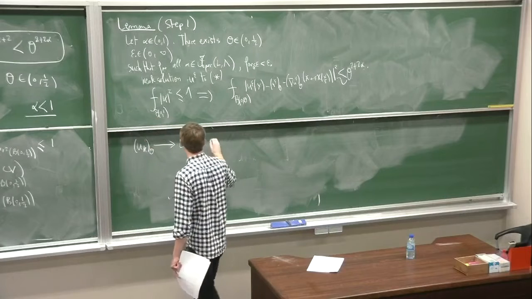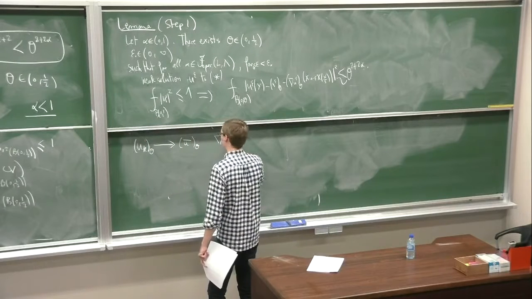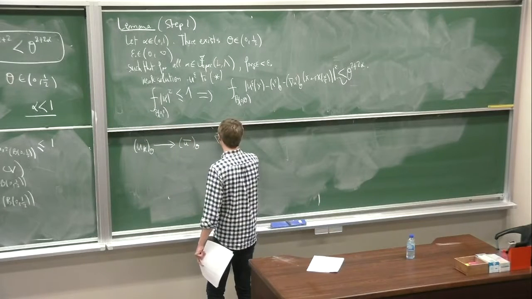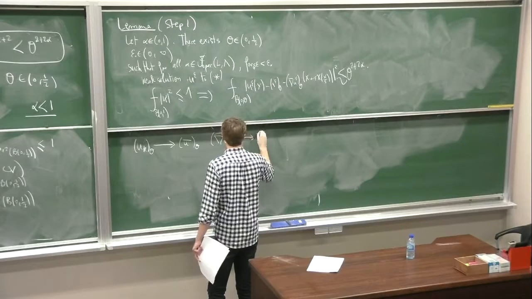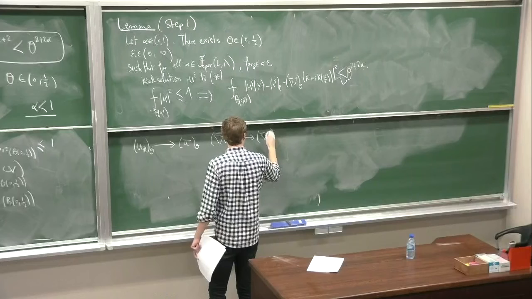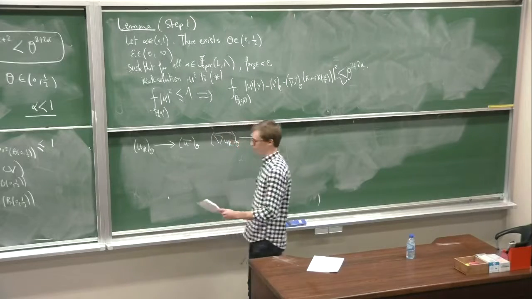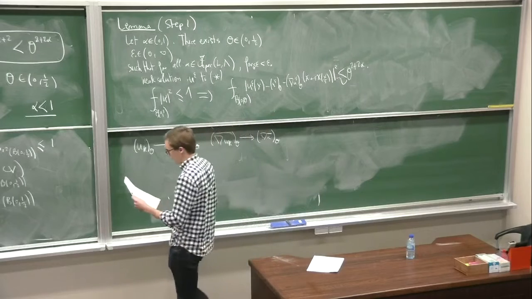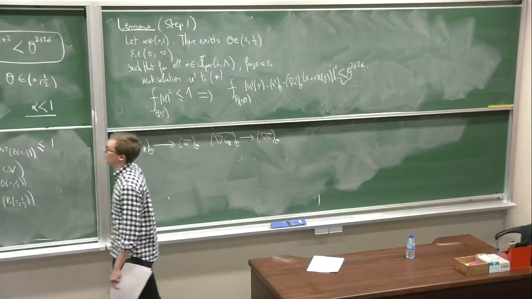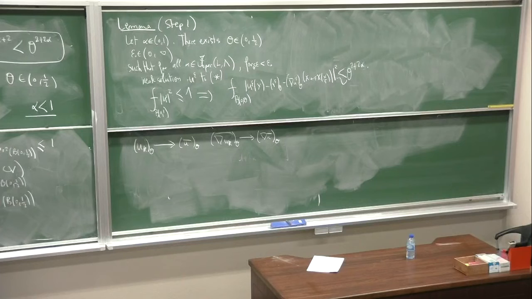This is just by weak convergence, and the same for U bar U_k bar. And you also have that this term here converges strongly in L2 to 0 because of the epsilon_k again, and since the corrector is bounded.